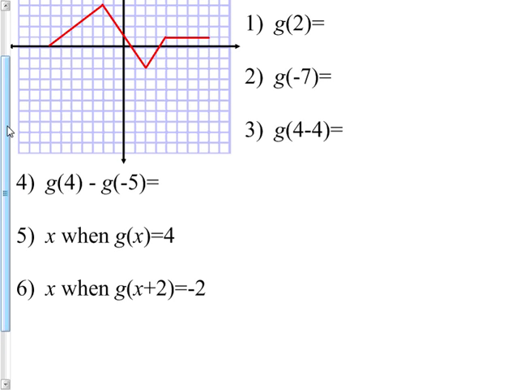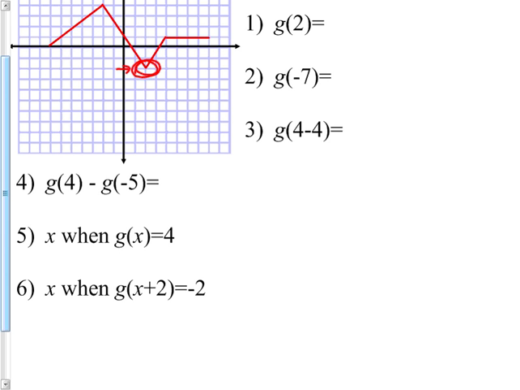Ask yourself first, did they tell you x or did they tell you y? And if there's still an x in the problem, then they didn't tell you x. So therefore, they must have told you y, right? If they told me y is negative 2, I find y is negative 2, and it's right there. And I follow it over to the spot where it touches the graph, and it's right there. And what do I want to know about that? They already told me the y, so I want to find x. What is the x in that case?